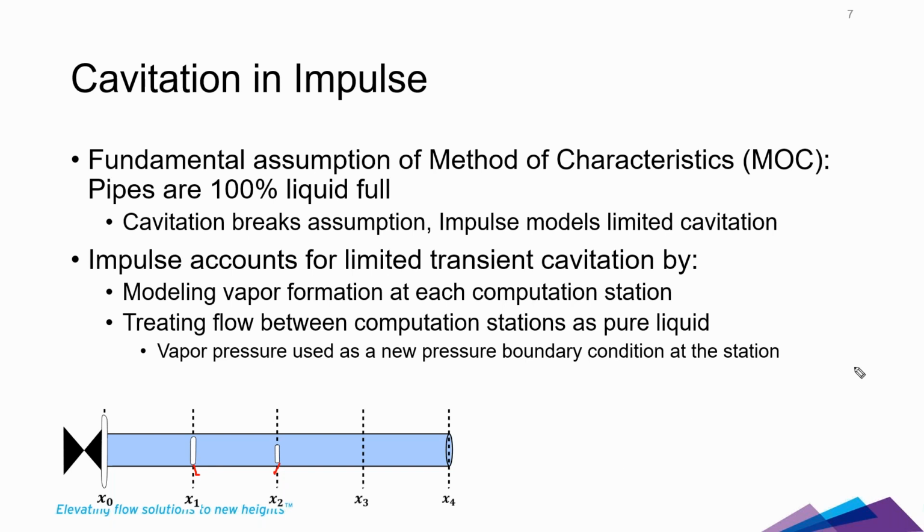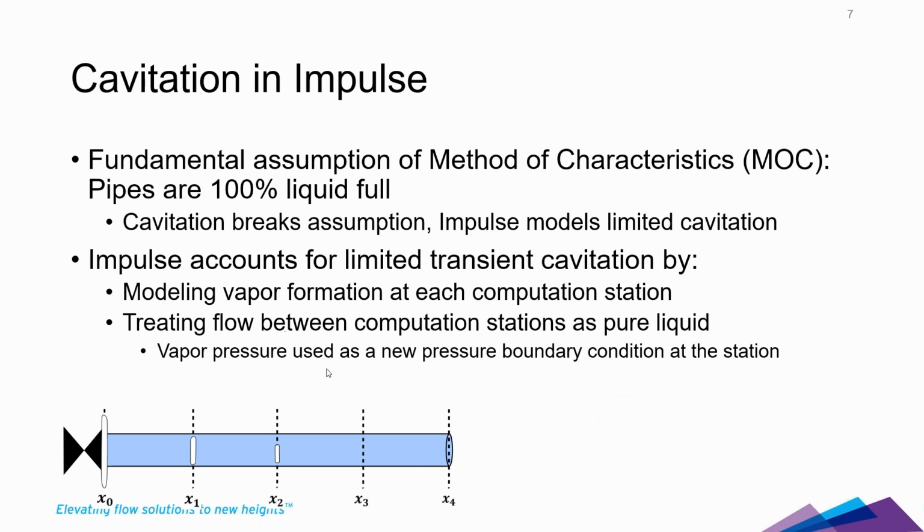So this is one of the areas where waterhammer modeling and cavitation modeling can be tricky, because you have to do a lot of reading between the lines, where you have to understand what the simulation software is telling you and what's going on in reality, and then be able to connect the dots.